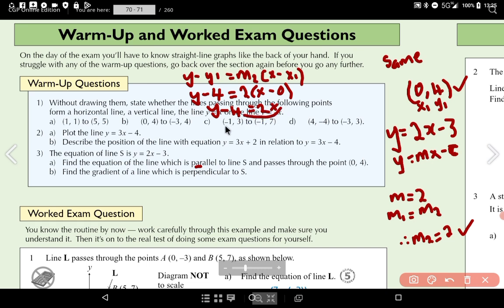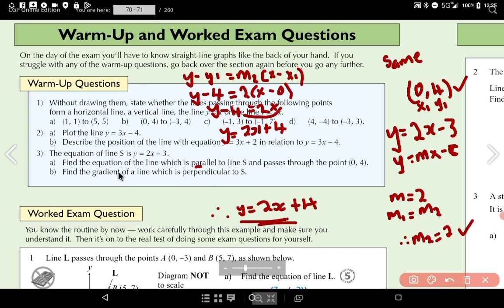You take this to the other side: y is equal to 2x plus 4. So therefore the line which is parallel to S is y = 2x + 4. This is the line that is parallel to this line S.